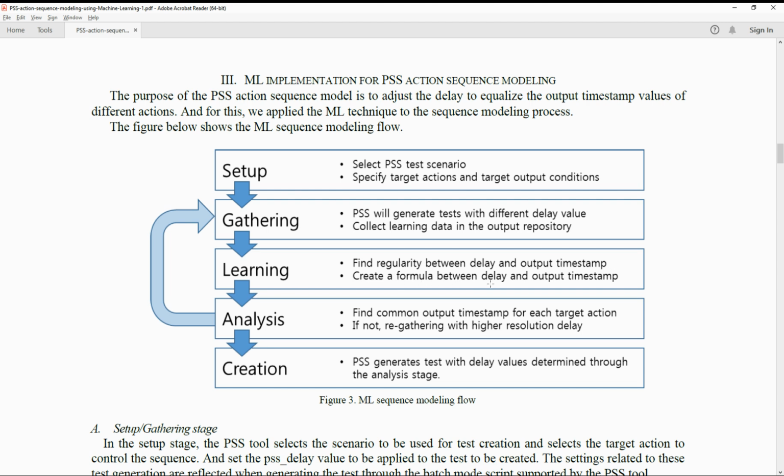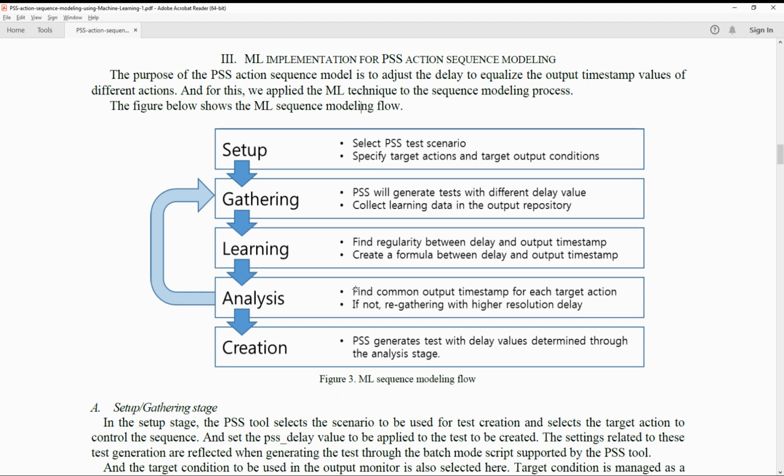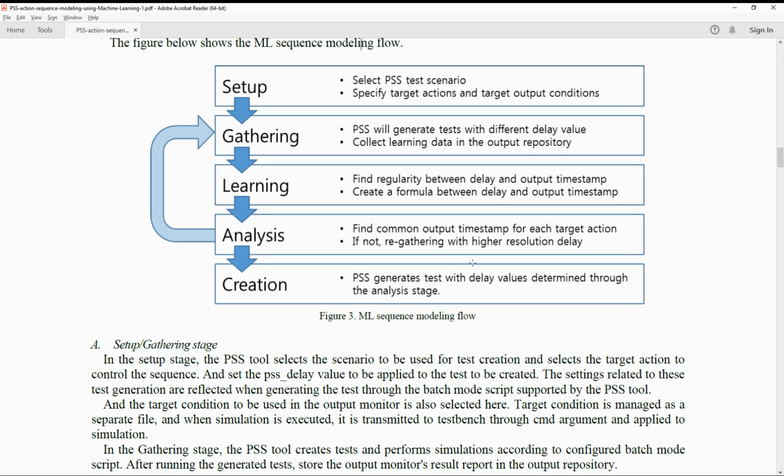Create a formula between delay and output timestamp. Analysis: find the common output timestamps for each target action. If not, regathering with a higher resolution delay. Creation: PSS generates tests with the delay values determined through the analysis stage.